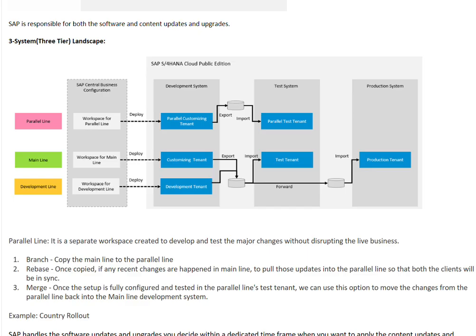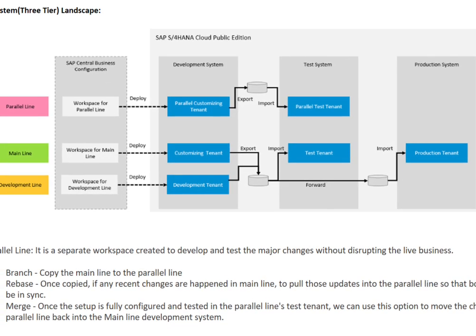So in a three-tier landscape, mainly we have the development system, test system, and the production system. In the development system, we again have the development tenant and the customizing tenant. The development tenant is nothing but any logic that is written through Eclipse.